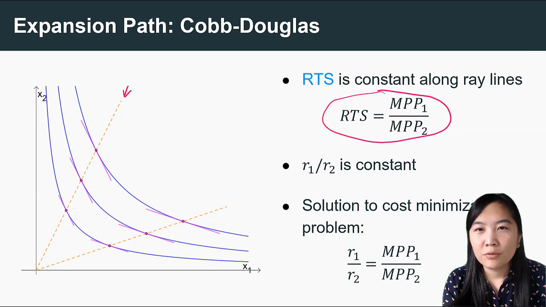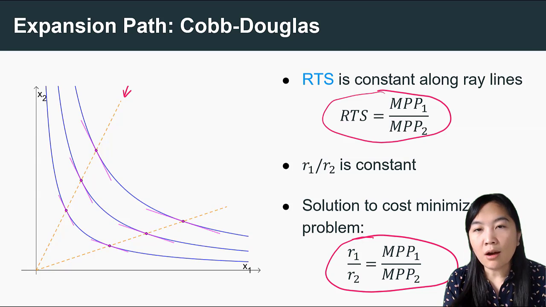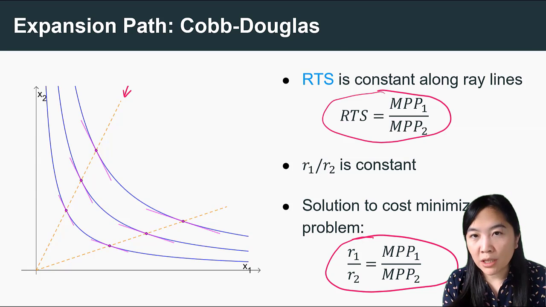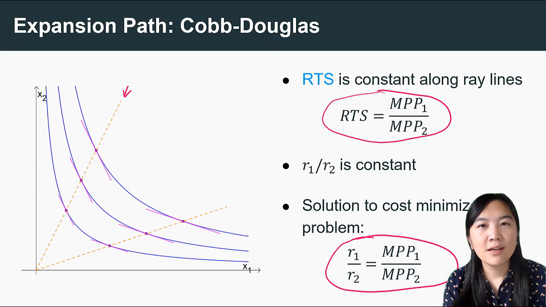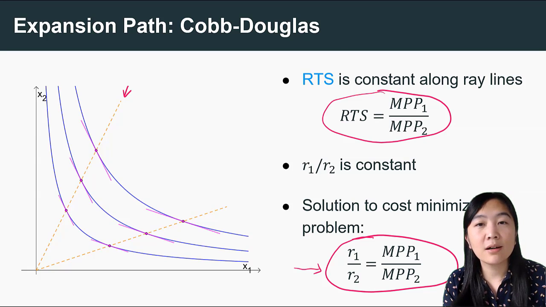If you do remember the solution to the cost minimization problem, to find the least cost combination of inputs, the solution has to satisfy the condition where the ratio of the input prices is equal to the ratio of the two MPPs.